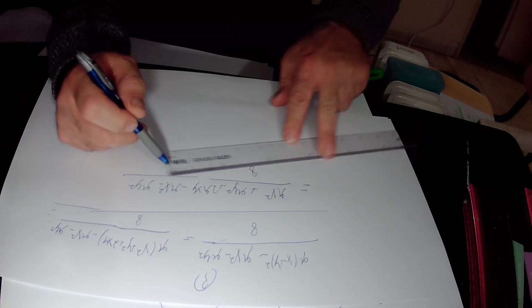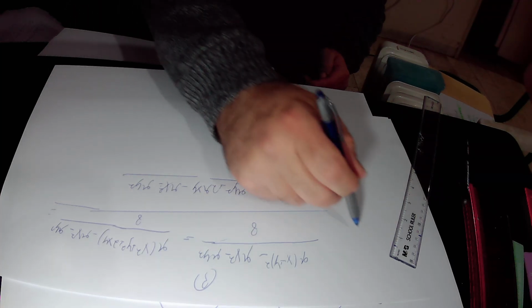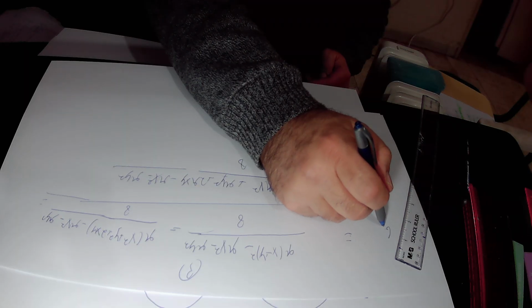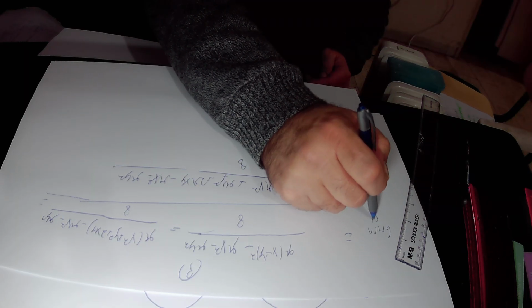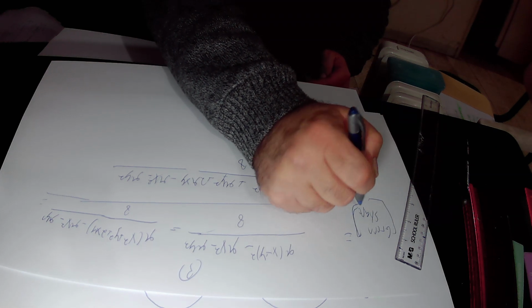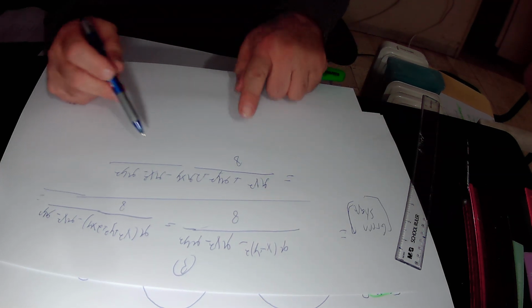So we should find out that the green shape, the area that we are looking for in this question, is equal to the value of this expression.